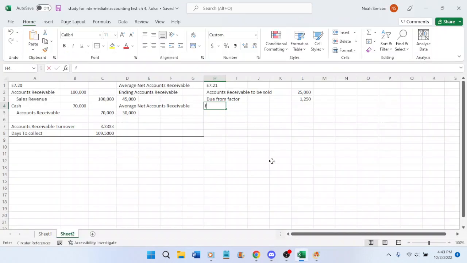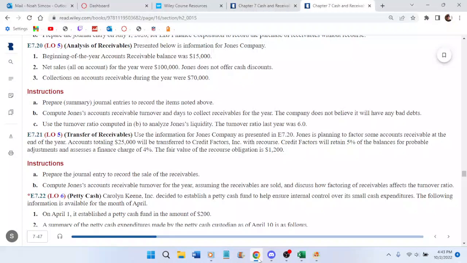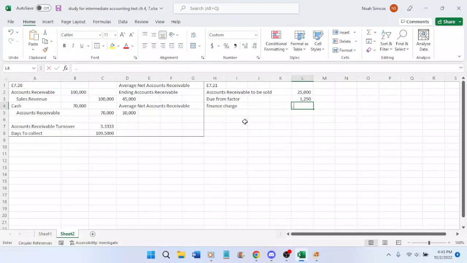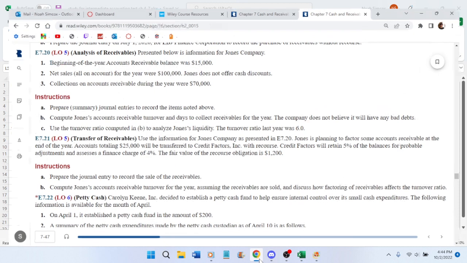Finance charge is 4% of this. Okay, that's information.